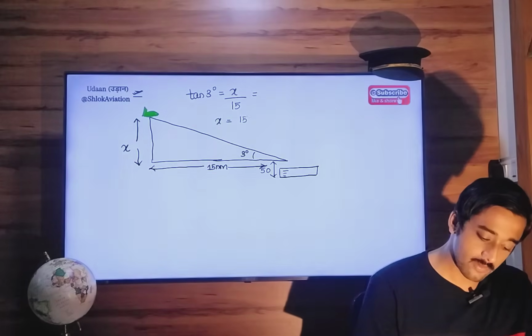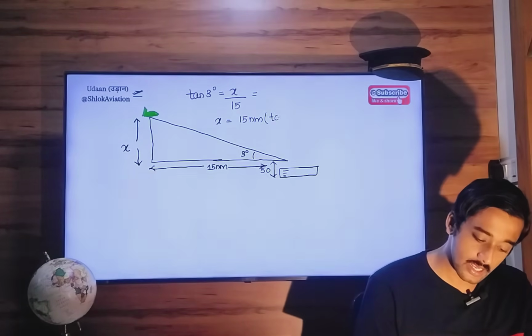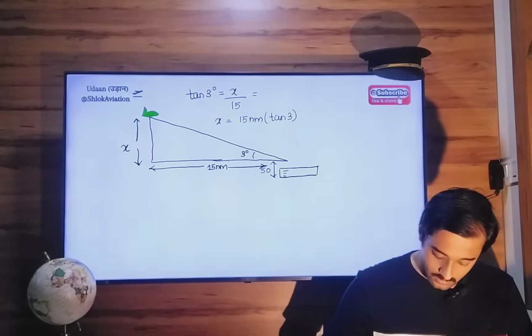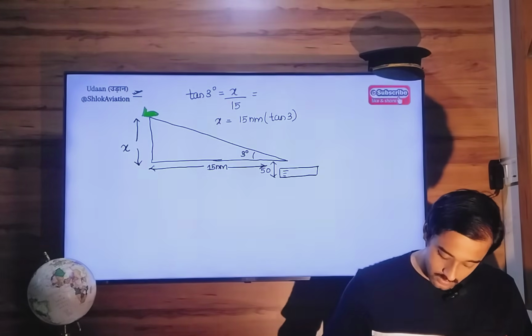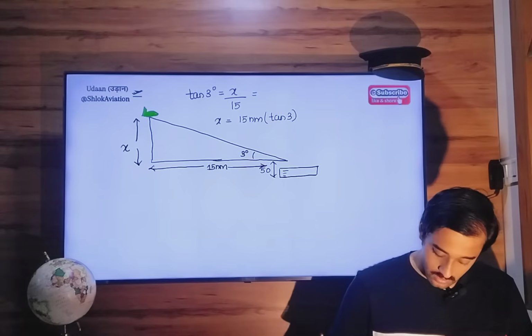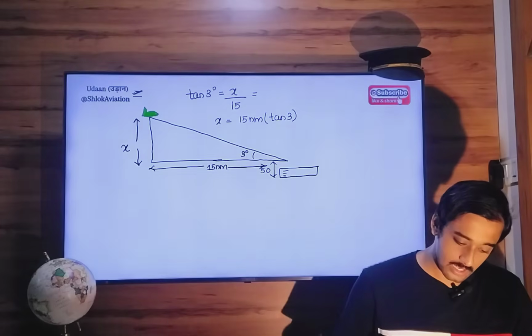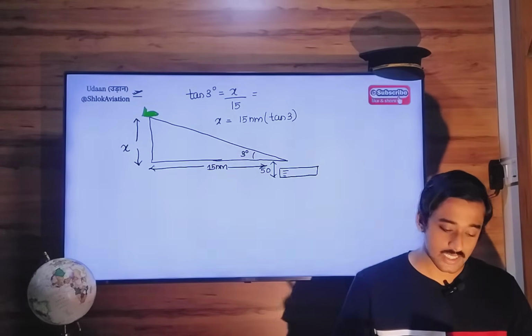So 15 nautical miles multiplied by tan 3, 15 tan 3 is 0.786 nautical miles.